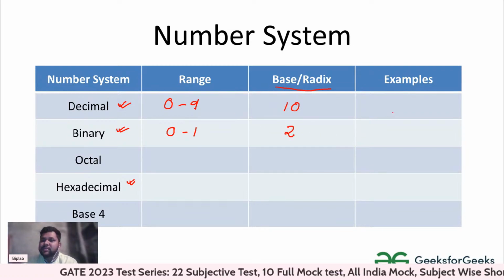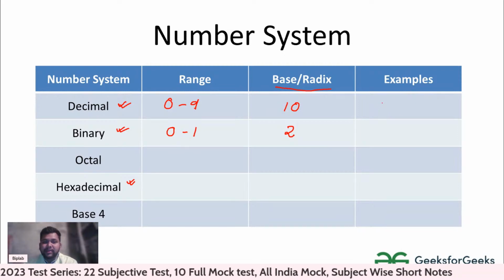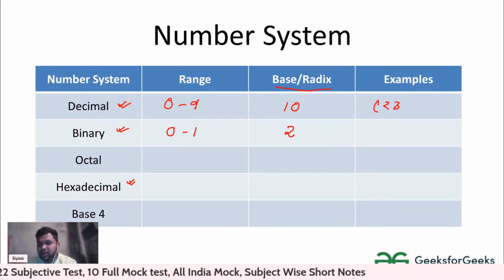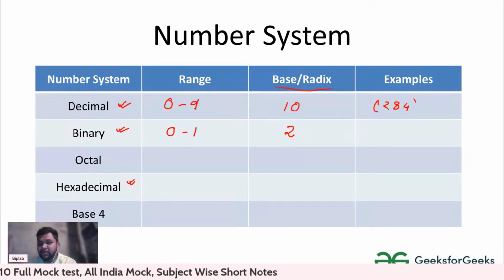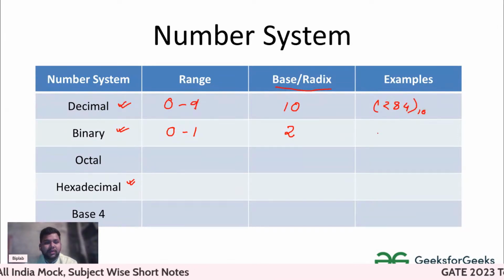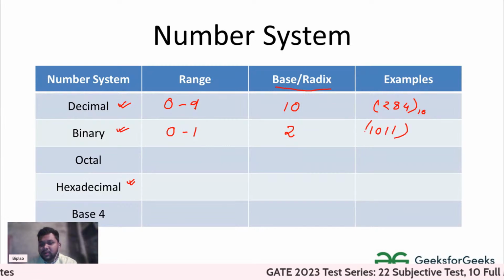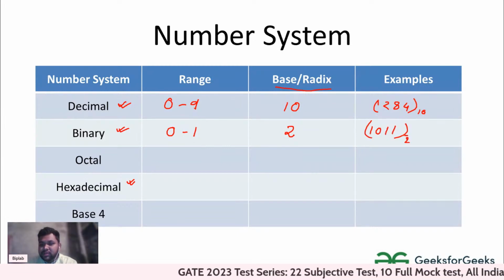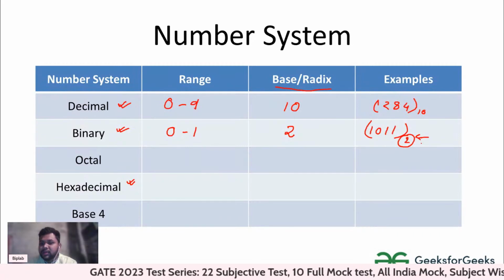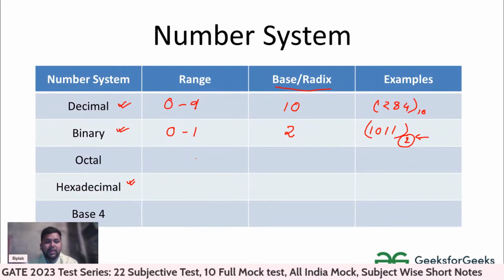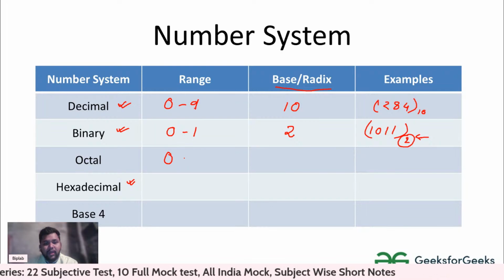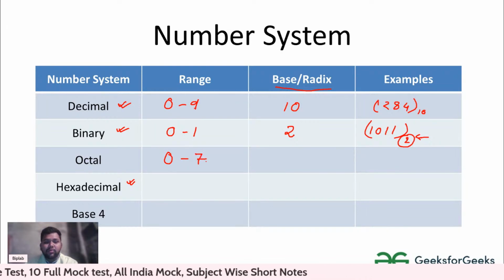Some examples: the easiest one is decimal, you can write anything like 284 base 10. In binary you can write any number like this, and we represent the base at the bottom. Then comes octal, where we use 0 to 7.